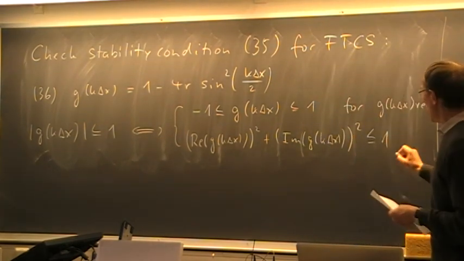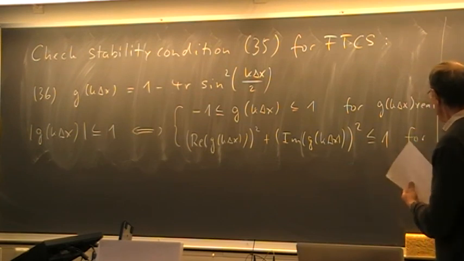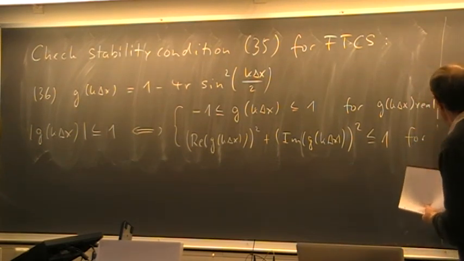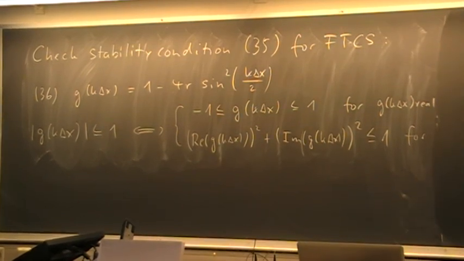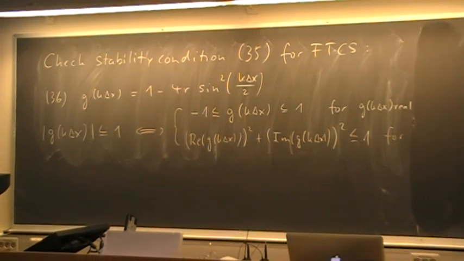That is for g of k delta x complex, so when we have an imaginary part that is not 0.